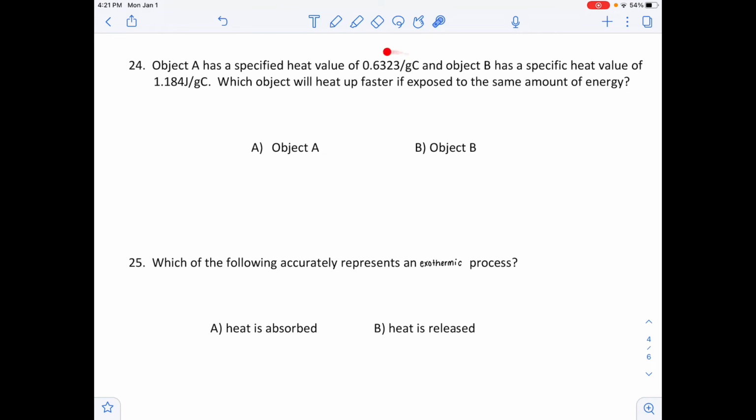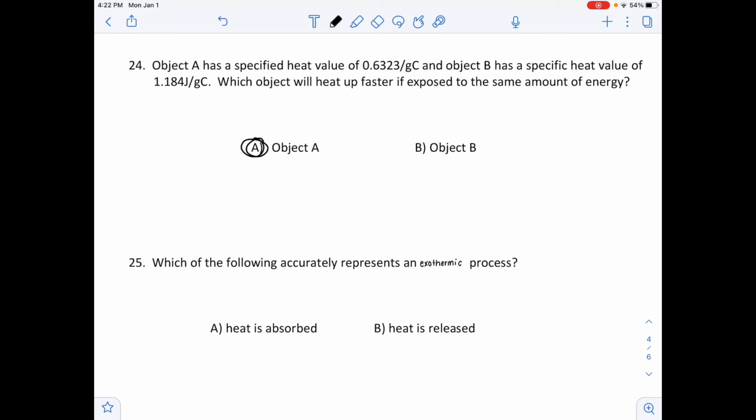So when we look at this, we have to look at the values, and we see that object A has a lower specific heat value compared to object B. So since this is the case, object A would heat up faster because if you have a lower specific heat value, the object will heat up faster than if the specific heat value was larger.